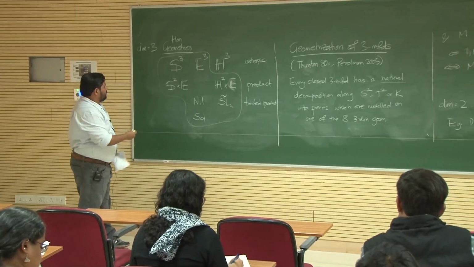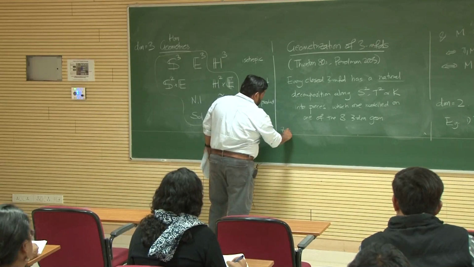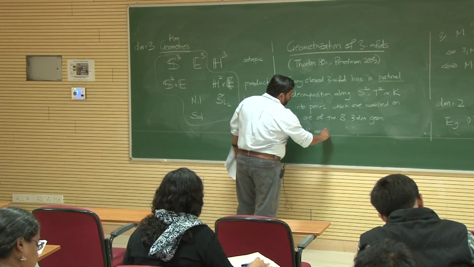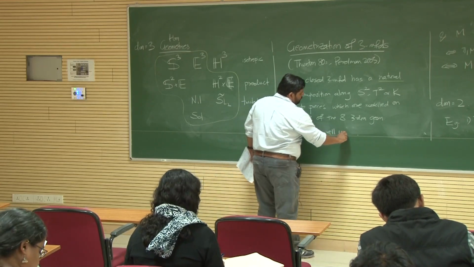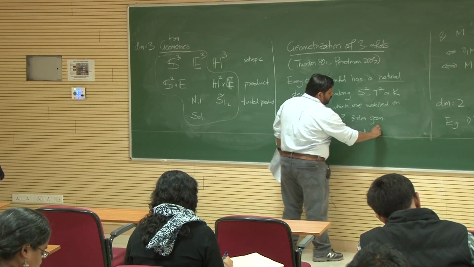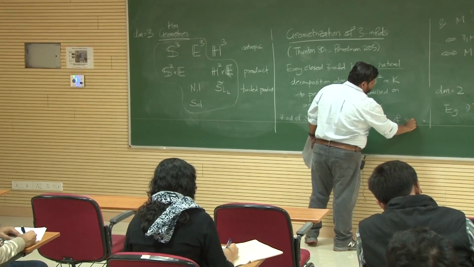And so, these 7 are classified. So, 7 out of 8 are well understood in terms of surface geometry.